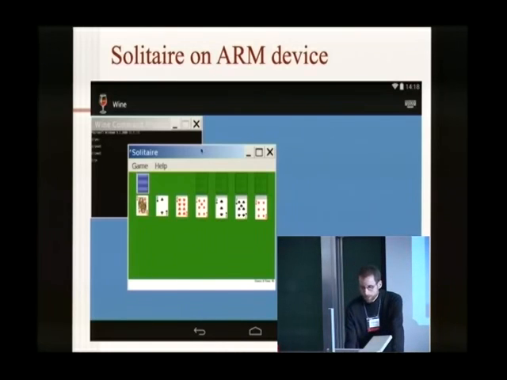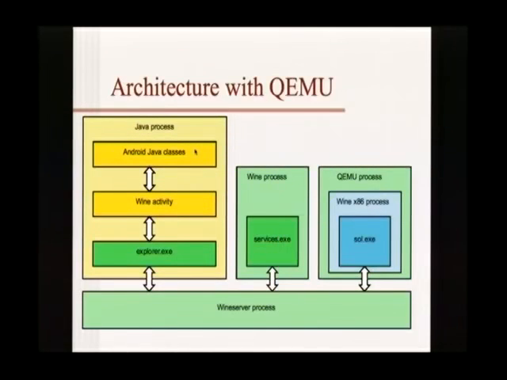Once we fix the QEMU bugs, we should be able to basically run everything the exact same way as we did on Intel devices. Of course, there are a number of issues with that. If we go back to the architecture design, because we now have ARM processes and Intel processes running with the same Wine server.